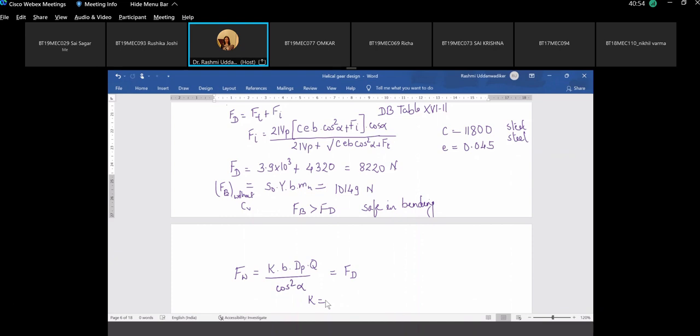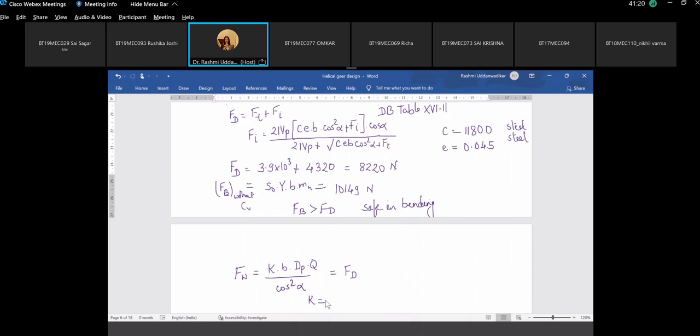Somebody is getting 9,000, somebody is getting 10,000. That depends upon how many decimal places you are taking the value of cos square alpha or the under root value. So instead of 10,100, if you are getting 10,200 or 9,800, that is okay. But instead of 10,000, if you are getting 5,000 or 15,000, then that is not okay. Please check your calculations accordingly.